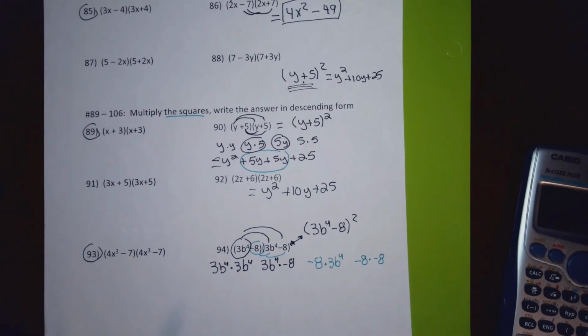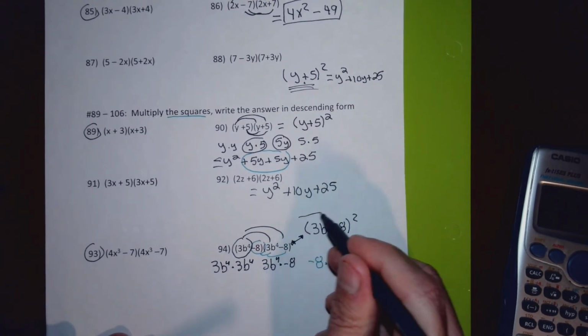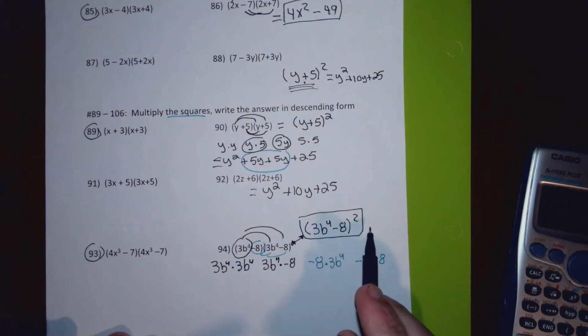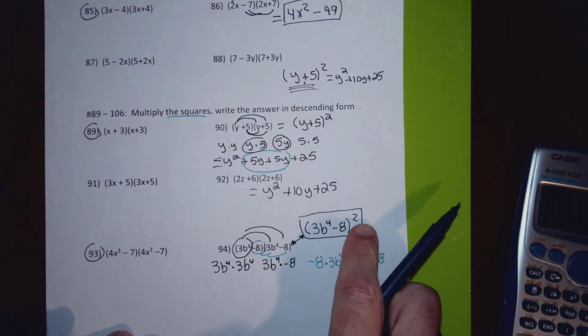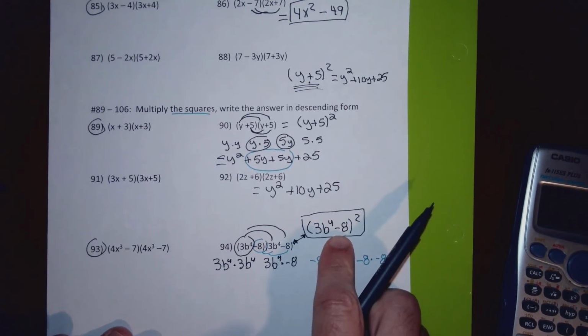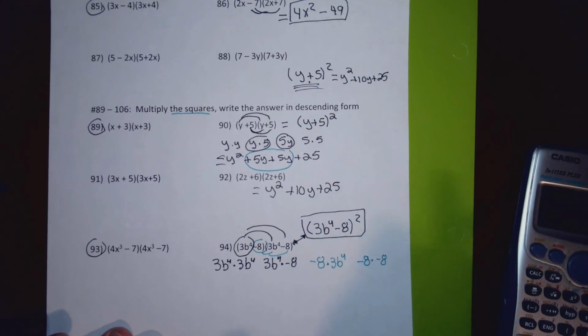That would be the exact same algebra I would do if the problem asked me to simplify 3b to the fourth minus 8 squared, because I can't just square each term. If there's an addition or subtraction inside a parentheses, you can't just square the terms.